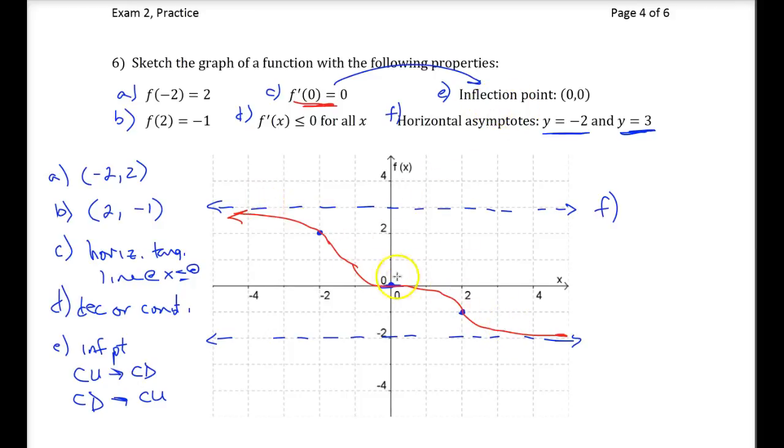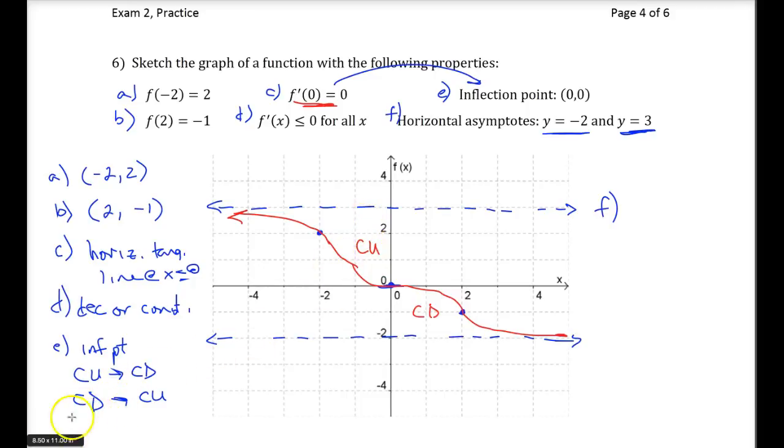We have an inflection point at x equals 0, and in particular, this portion of the graph from negative 2 to 0 is going to be concave up, and from 0 to 2 is going to be concave down. So we've met that condition. And then we have the horizontal asymptotes at y equals 3 and negative 2. So that's how this graph would look.